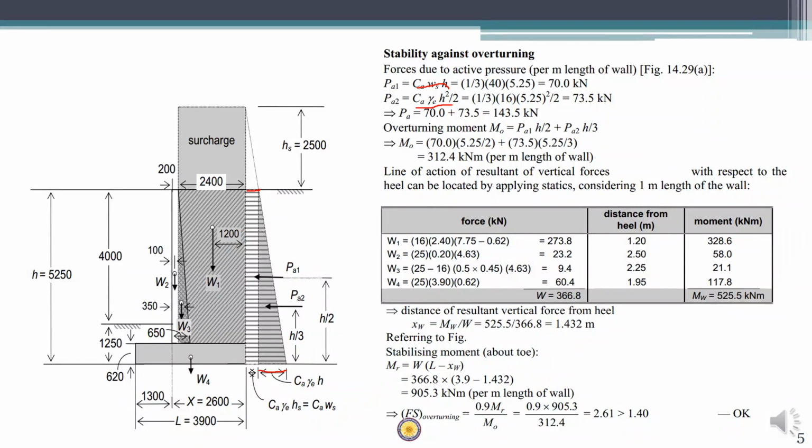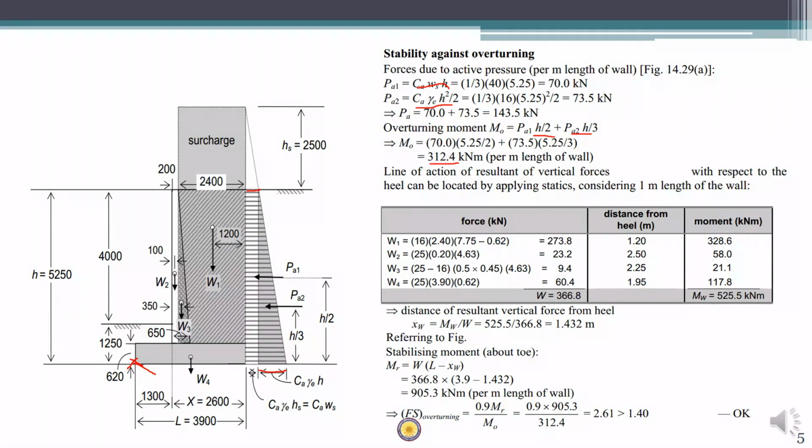Now you can calculate the moment due to PA1 and PA2, which is nothing but force into the lever arm. So this moment is nothing but overturning moment. It is moment at heel. So it is an anti-clockwise moment. So we get an anti-clockwise overturning moment of 312.4 kilonewton meter.